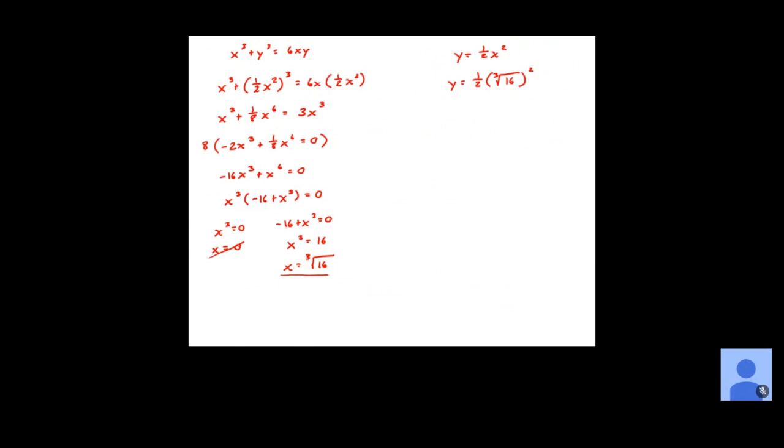Now, there are ways to simplify this if you really want to. Again, you could write that as 2 cube root of 2. Then you could square that, and then you could divide by the 2 and cancel it out. But honestly, if you get to this point, you could just say our point is the cube root of 16 and 1/2 cube root of 16 squared.